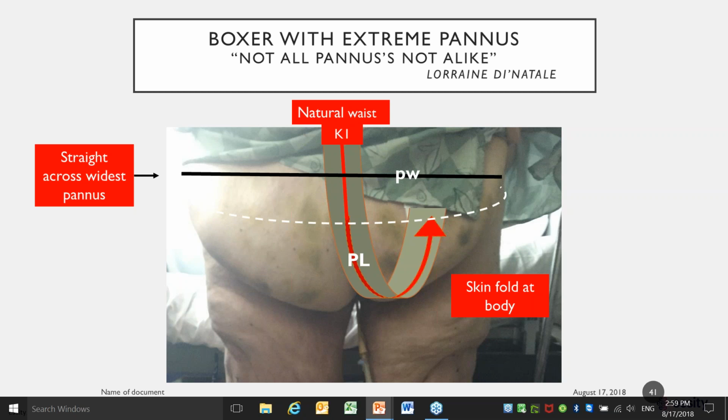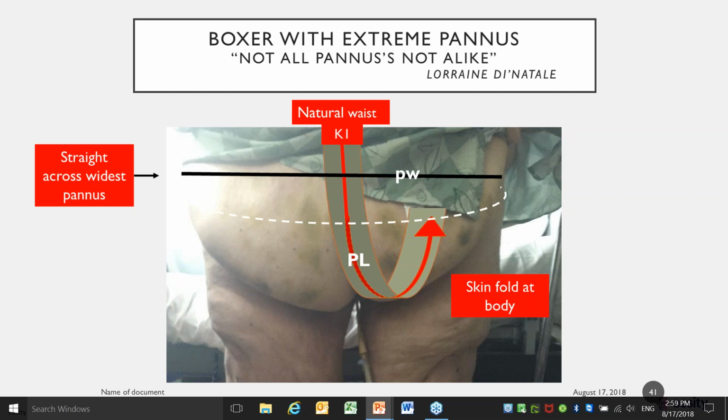But she came up the other day with one of these things, and that was, not all panuses are alike. I had that written incorrectly. Not all panuses are alike, and that's the truth. So if you've been around people who have these large panuses, you will see the humor in some of that, or not the humor in it as well.